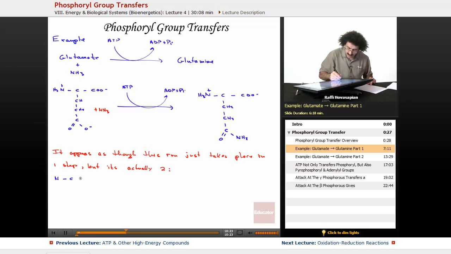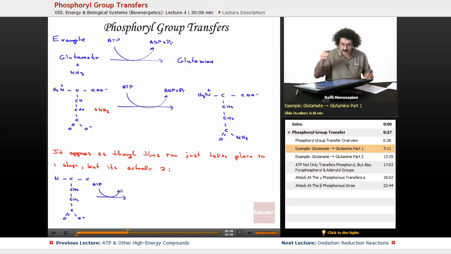So we have N, C, C. I've got CH2, CH2, COO minus. The first step is the ATP. Boy, all these letters, oh my God, I think that's the most frustrating aspect of biochemistry, just the abbreviations, the letters. It's crazy.